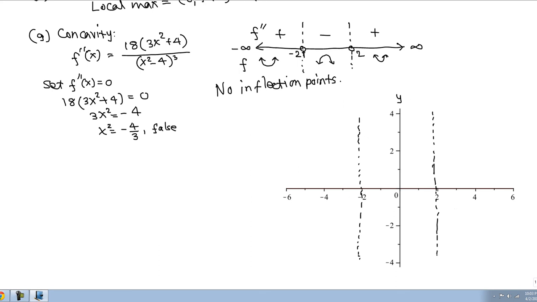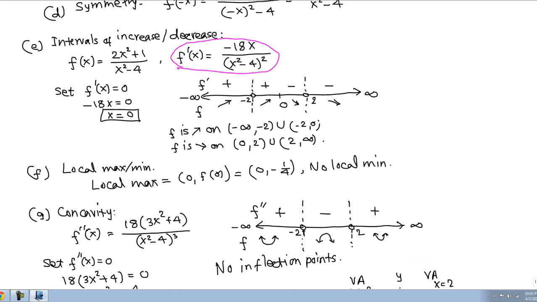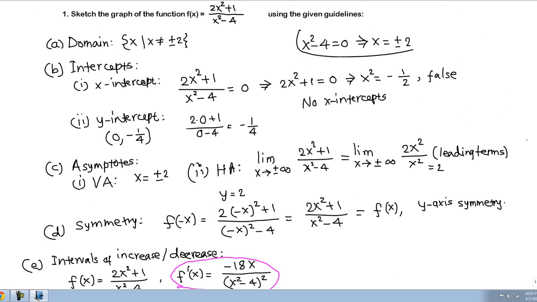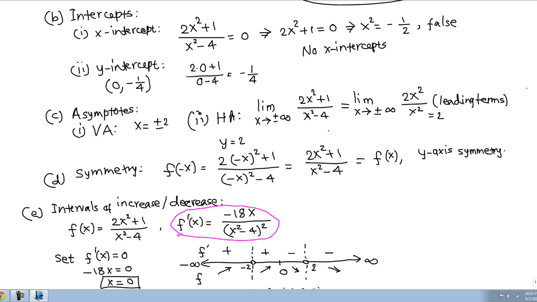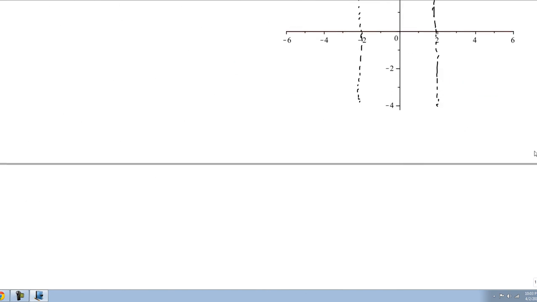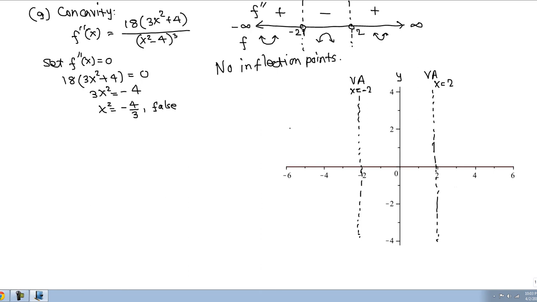And we also have a horizontal asymptote, y equals 2 on both sides.